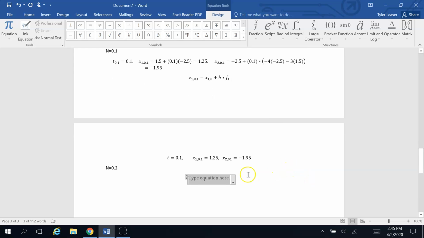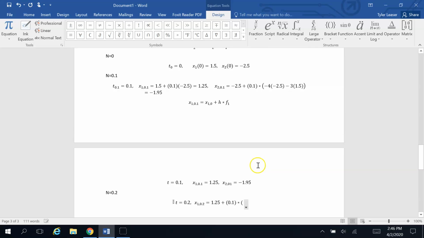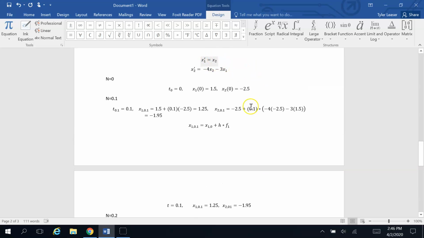All right, so I'm not going to plug all these in. It's just the same exact thing. Your t value is going to increase by 0.1, so now your t value is 0.2. The x sub 1 value, I guess we'll write it out real quick. So my x sub 1 value at the next location, 0.2, is going to be the previous x sub 1 value, 1.25, plus the step size, times plugging in these into the derivative of x sub 1, which is just x sub 2.